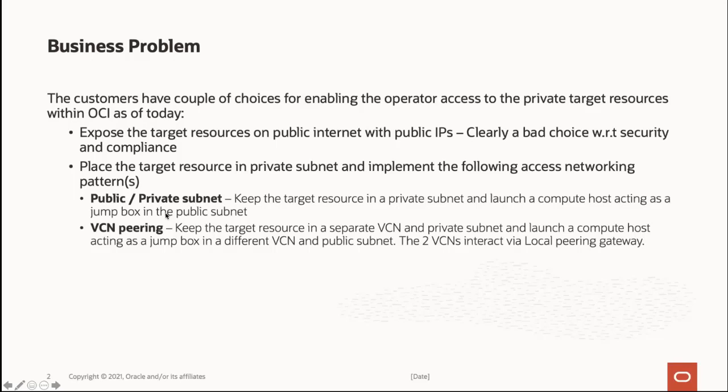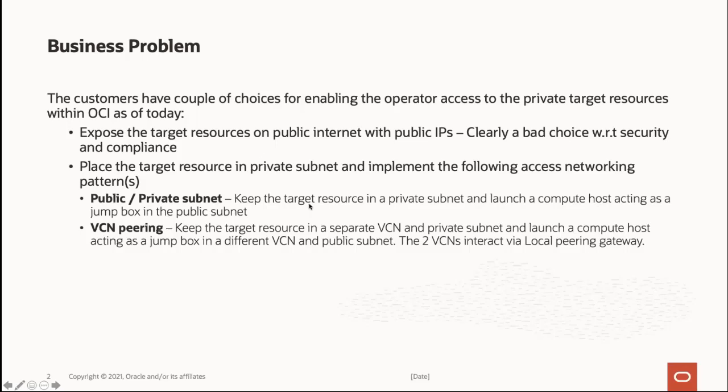And VCN peering is another pattern where you keep your target resources in a separate VCN and private subnet, and then you launch a compute host which acts as a jump box or a bastion host in a different VCN and a public subnet. And the 2 VCNs interact with each other using the local peering gateway, right?